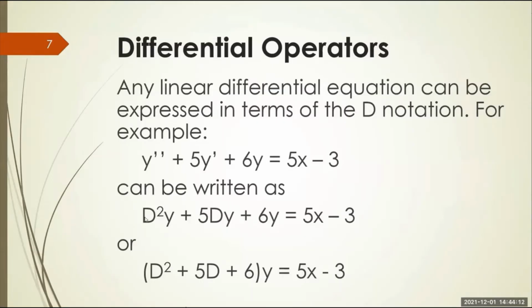So this becomes D to the second y plus 5Dy plus 6y is equal to 5x minus 3. You notice that all of them have y, so you can factor it out. We're basically just going through how they can be written and what the operations could be.